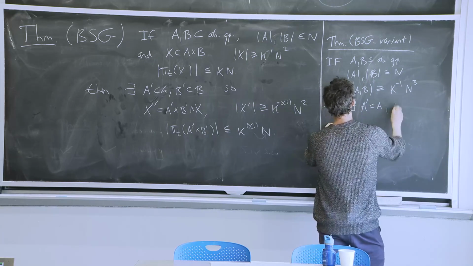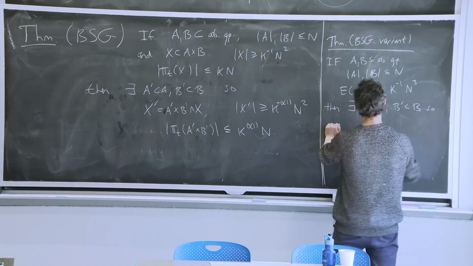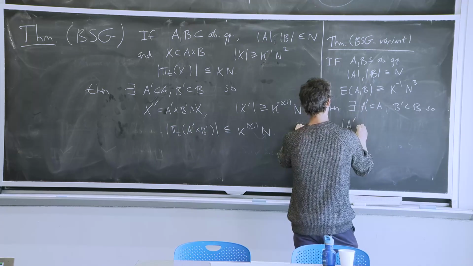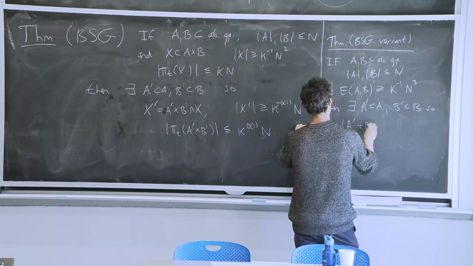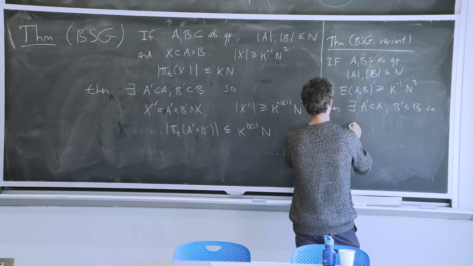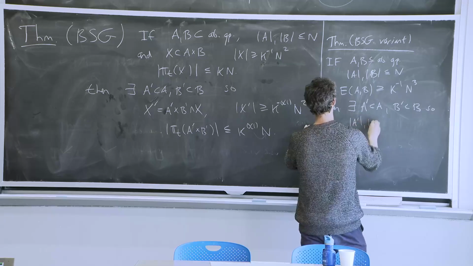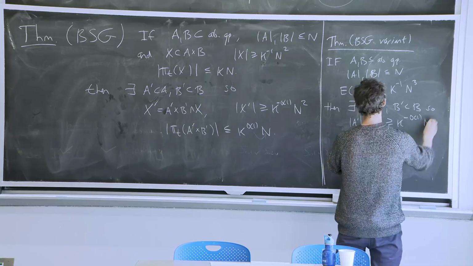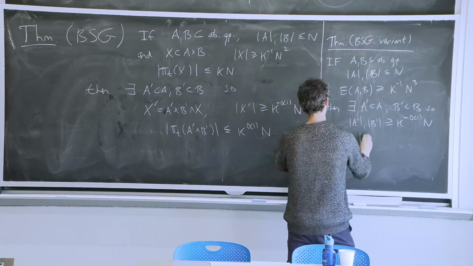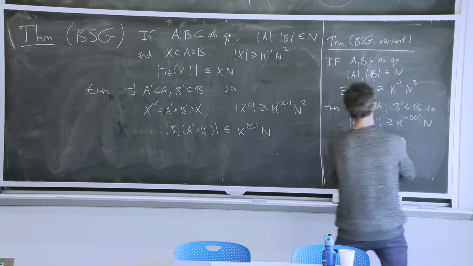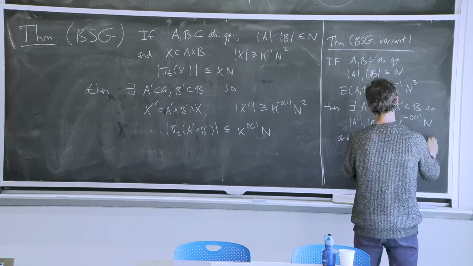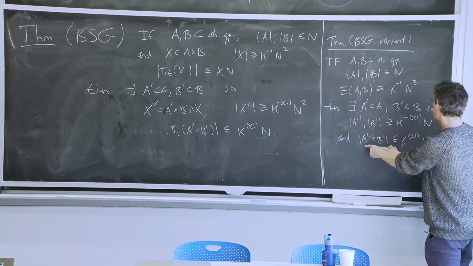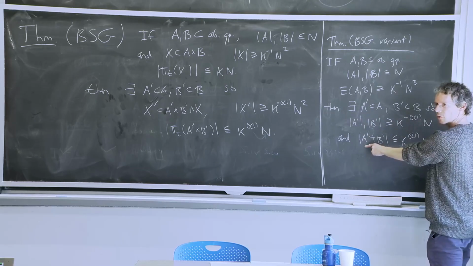So there exist A prime in A and B prime in B so that they are substantial. So A prime and B prime have size greater than or equal to K to the minus order of 1 times n. And A prime plus B prime is less than or equal to K to the order of 1 times n. So if we can locate the correct structured parts, then their sum set is small after we remove some garbage.